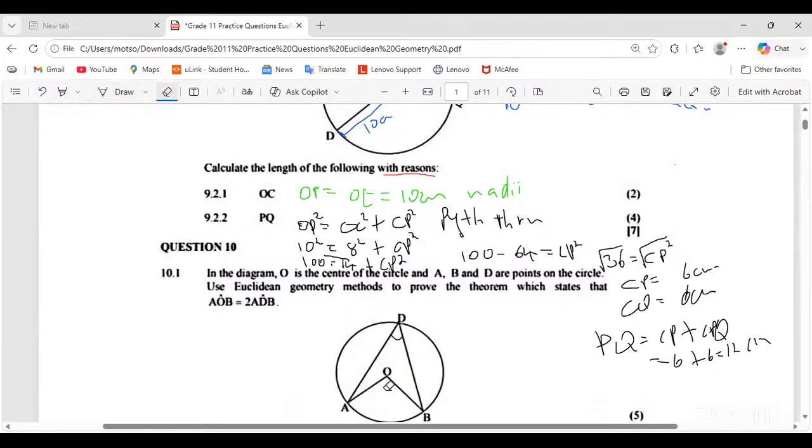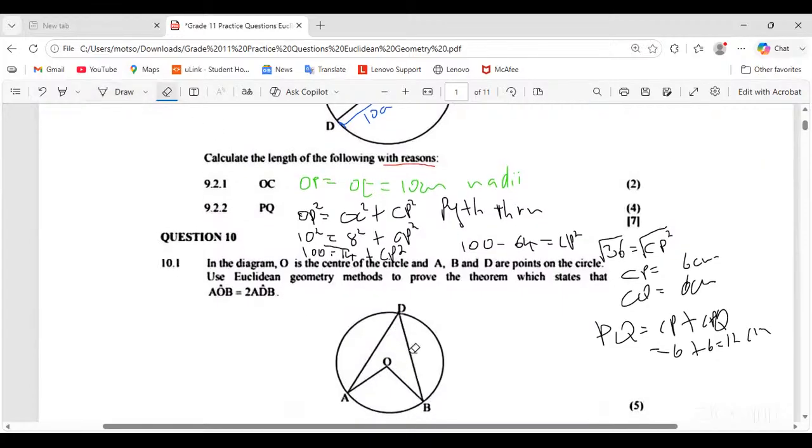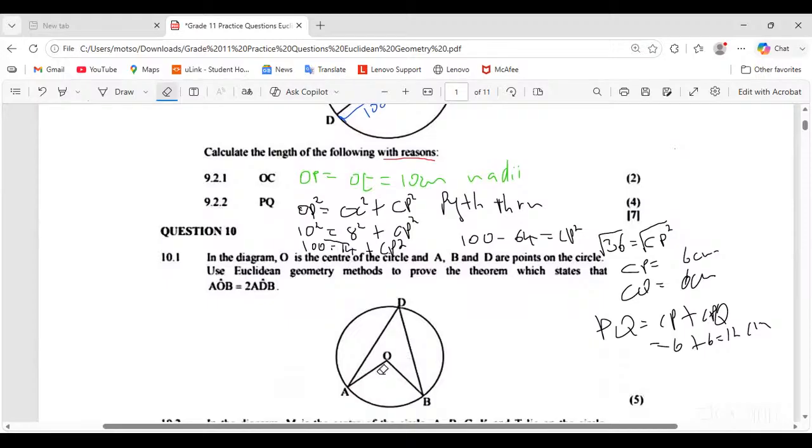Now, let us see how we can prove this one that says angle at the center is 2 times angle at the circumference. The first thing that you will do, you will be given the answer sheet, and on that answer sheet you will have a diagram like this.